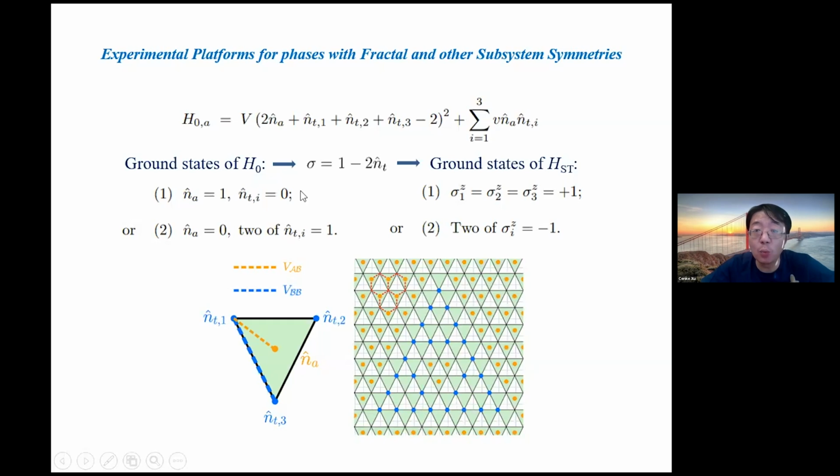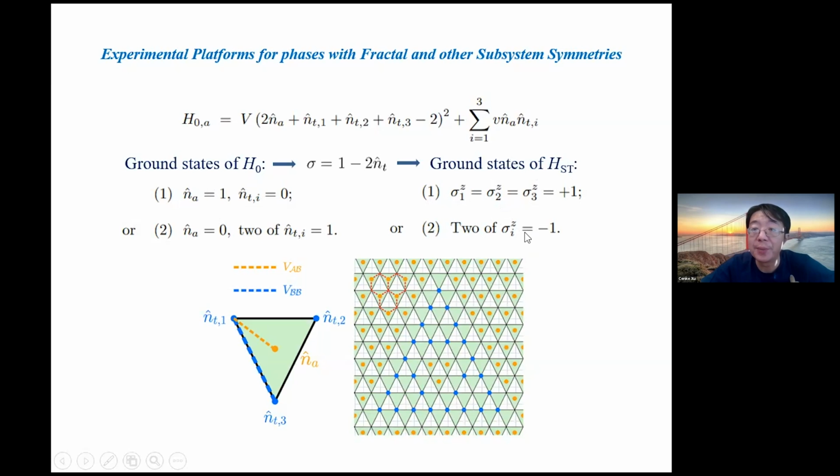This can be one-to-one mapped to the ground state of the Sierpinski triangle model, which has a three-body interaction. The state with all n_T equal to 0 is mapped to all spins up of the Sierpinski triangle model. And the state with 2 out of 3 n_T equal to 1 is mapped to 2 out of 3 sigma^z equal to -1.